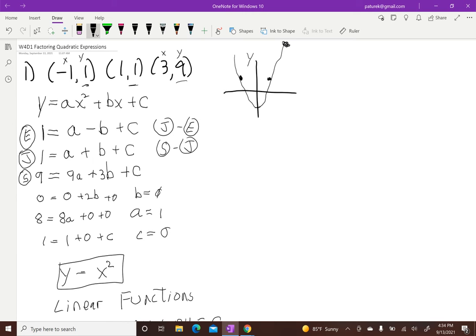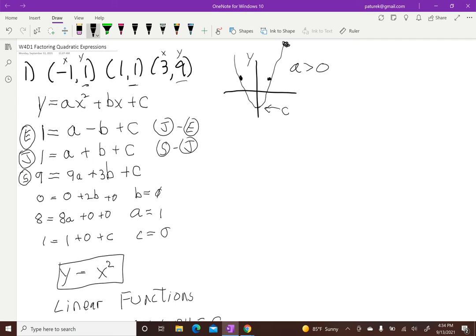So when I plotted the third dot, 3, 9, on my little sketch here, that settled the issue. This is an upward opening parabola, and that means the value of A is going to be greater than 0. And the value of C is going to be the y-intercept.